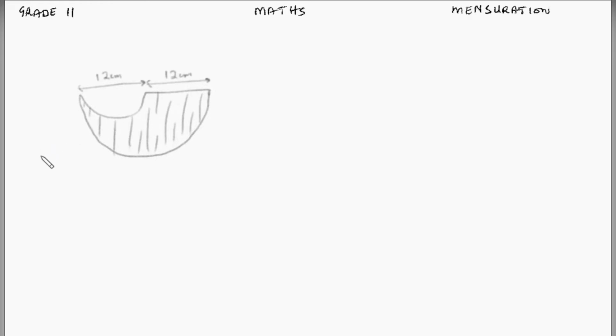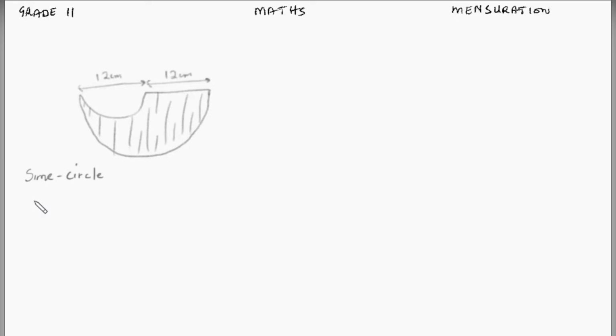Now, if we are talking about a semicircle, that means we are talking about half a circle. And when we talk of half a circle, we are talking about part of a circle, and part of a circle is actually a sector.